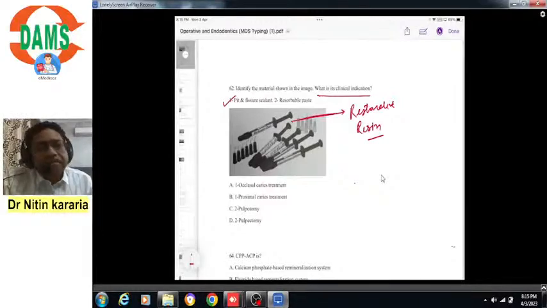Looking at the options, not all are practically correct because pit and fissure sealants are preventive. They are used to prevent the development of caries in caries susceptible occlusal pits and fissures. So the best answer is occlusal caries treatment, and they are pit and fissure sealants. So 1A would be the answer to this question.